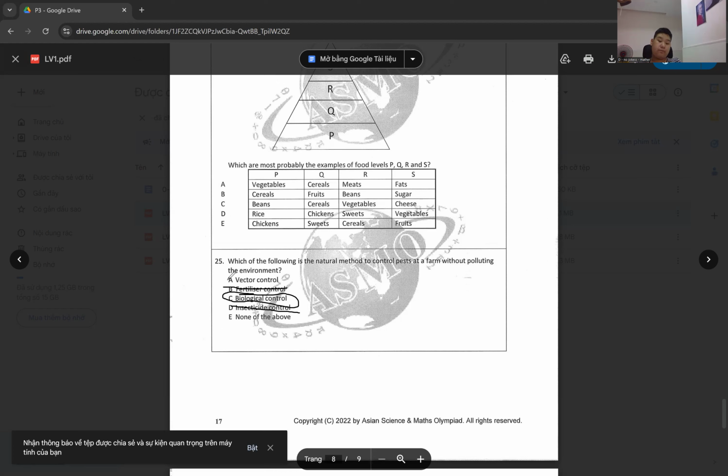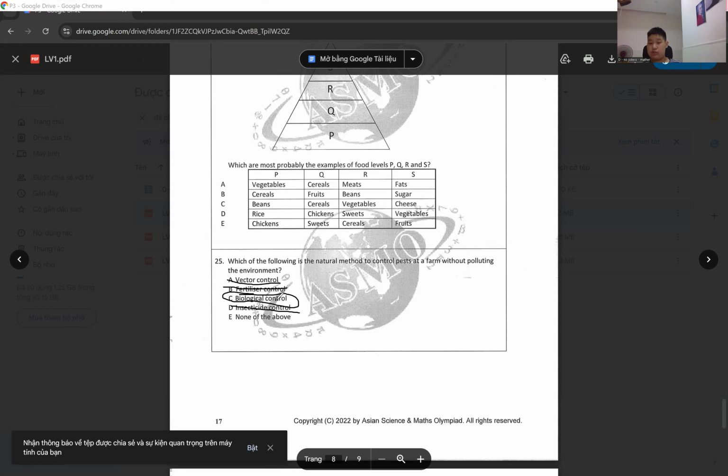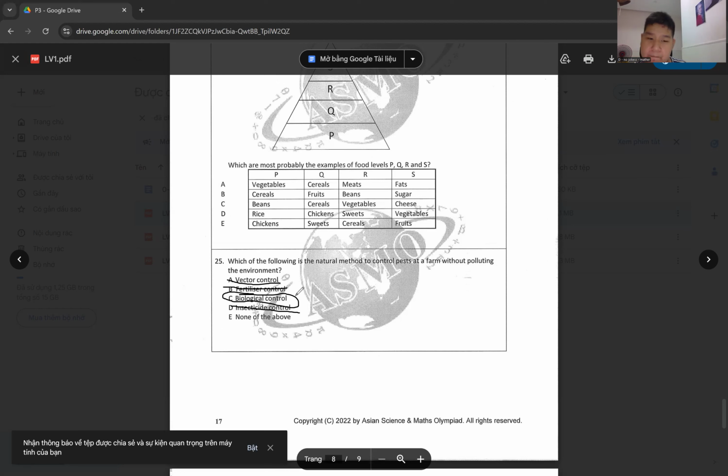Vector control, no, it doesn't make sense either. You don't need that to manage the pest in a farm. However, biological control is when you control the amount of pests in a farm. So yeah, that is all for today.